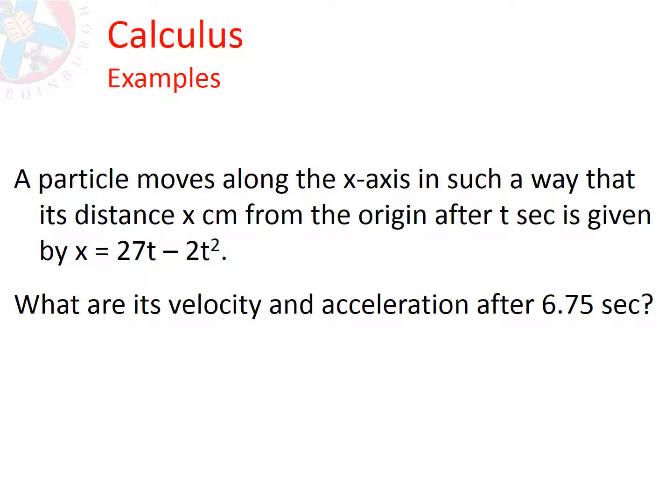So if x is equal to 27t minus 2t squared, velocity is the rate of change of position. If this is how many meters you are away from the start, the velocity will be the change of distance with time, so you could write that as the change in distance over the change in time.